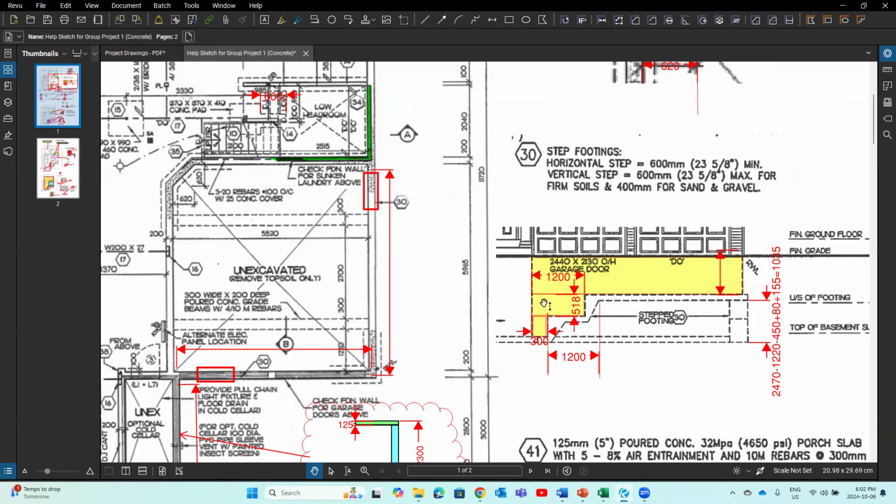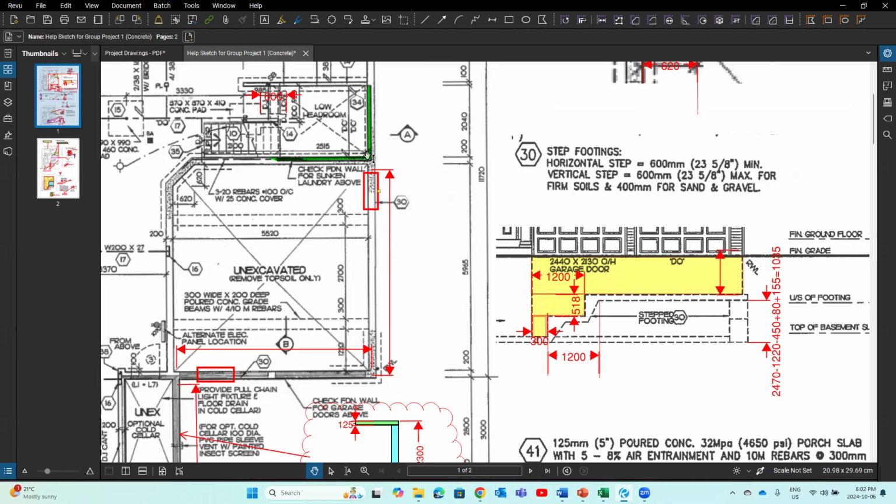Formwork for this. I have the dimension here for you, just you can refer to that. We get the area of this, but we must think about this is for both sides. One side there, here, 1, 2, right? And another step footing, 1, 2, again, right? That's our extra formwork we need to add if we take the area of this.